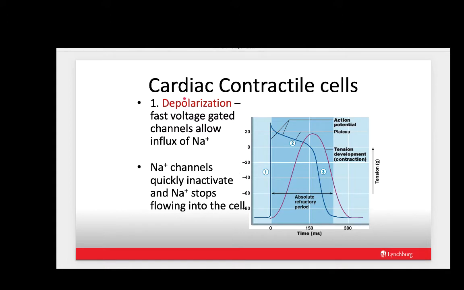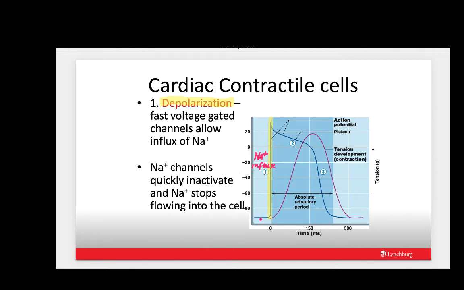So cardiac contractile cells have an initial depolarization, which we see here. And this depolarization is due to fast voltage-gated sodium channels opening. So sodium is going to enter the cell and create that depolarization.